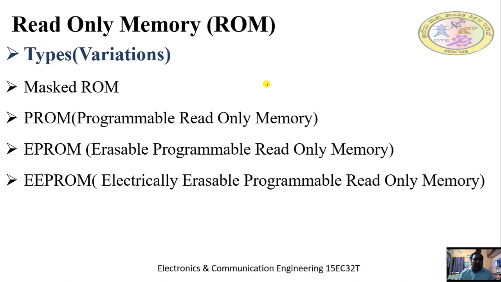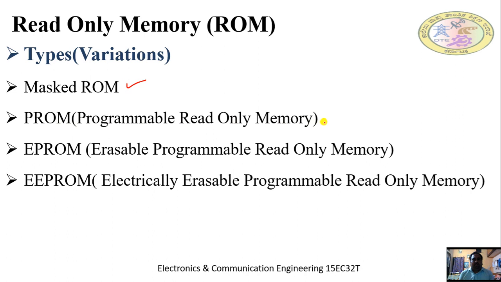Among these variations, the first two, the masked ROM and PROM, are one-time programmable. The masked ROM is programmed by the manufacturers during manufacturing only, whereas in the PROM version the user is given a provision to write their own code.